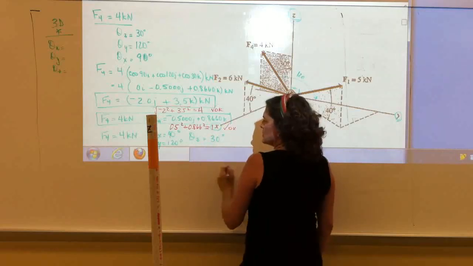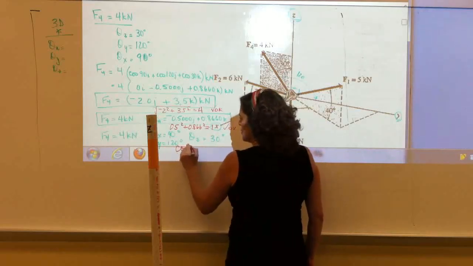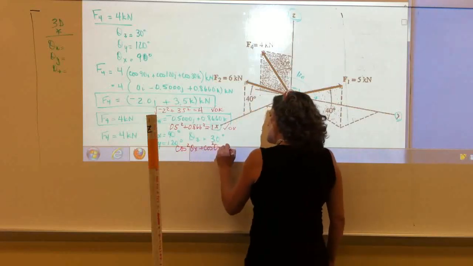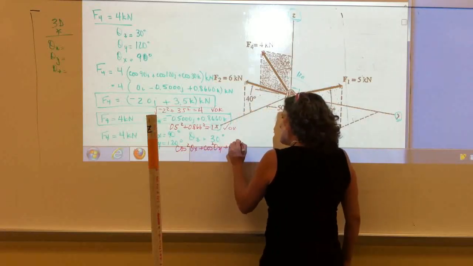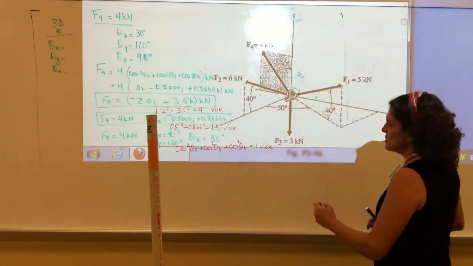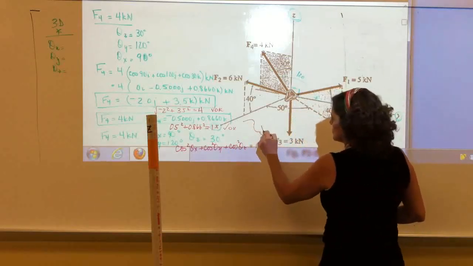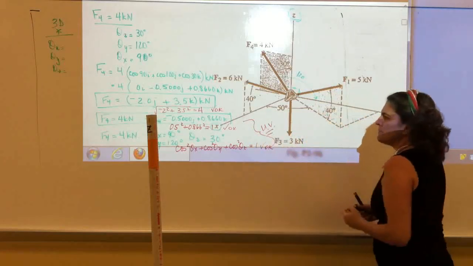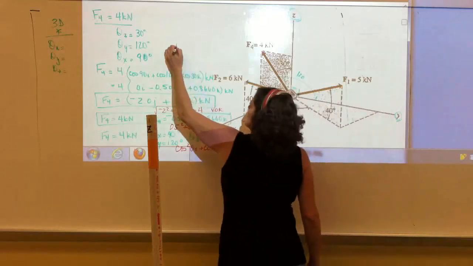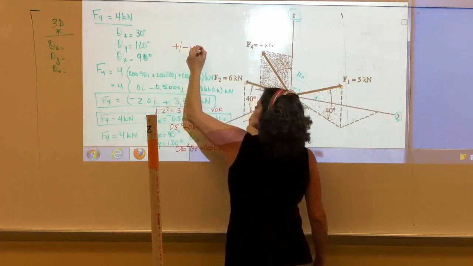We checked our unit vector, and then we can also do cosine squared theta x plus cosine squared theta y plus cosine squared theta z equals 1, and it checks. So these two are both unit vector checks. What's the last check? We want to do a visual, positive and negative check.